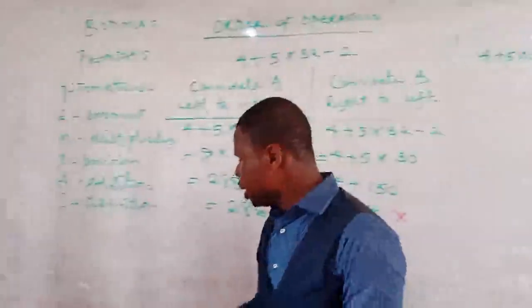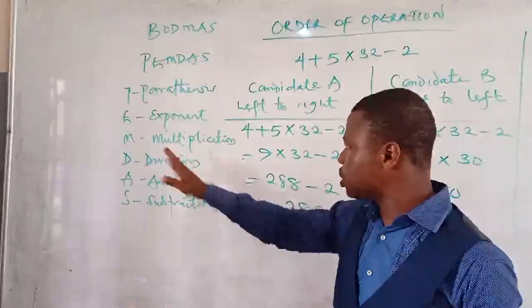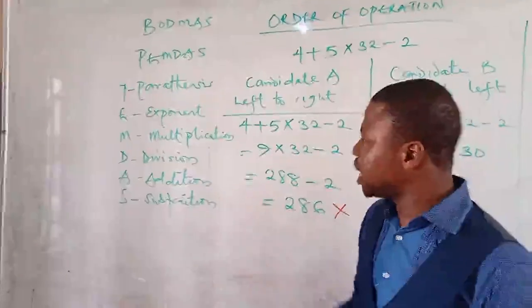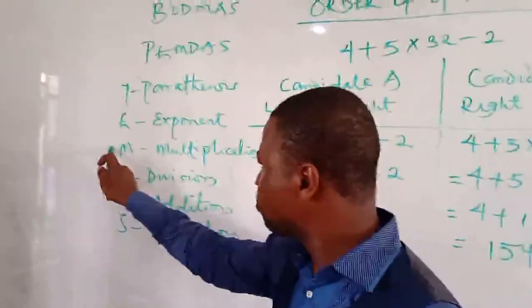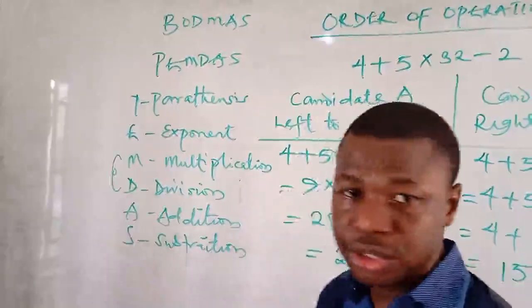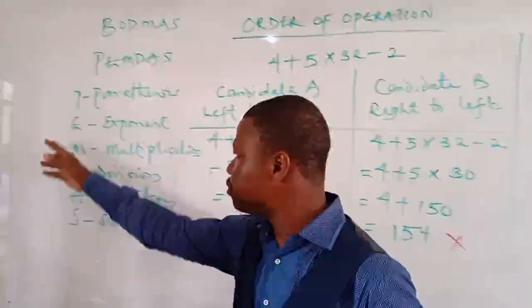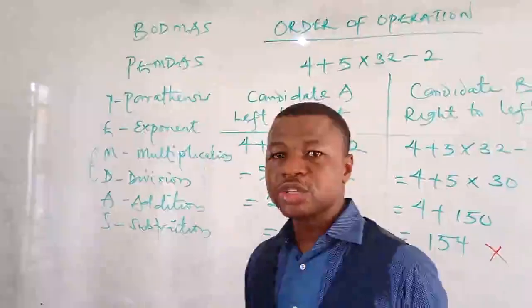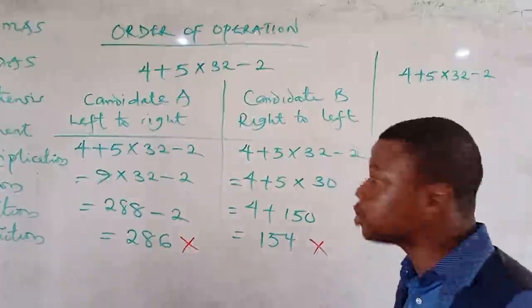Now, bear in mind that while following PEMDAS, sometimes we can interchange the positions of multiplication and division from left to right, depending on which one is coming first. Division and multiplication can be interchanged while we are solving mathematical expressions.